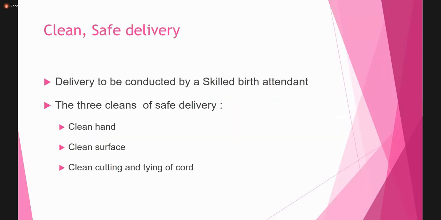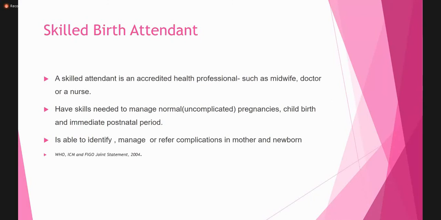Clean, safe delivery to be conducted by a skilled birth attendant. The three cleans of a safe delivery are clean hands, clean surface, and clean cutting and tying of the cord. And this is very important to prevent infections and sepsis, which may be a cause of death in mothers. The skilled birth attendant is an accredited health professional such as a midwife, a doctor, or a nurse.